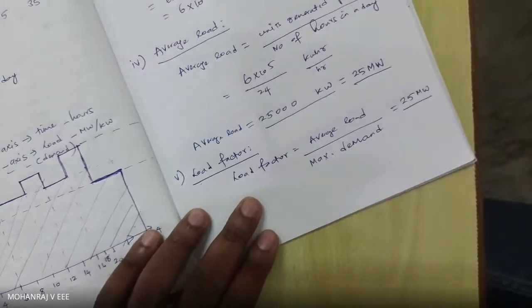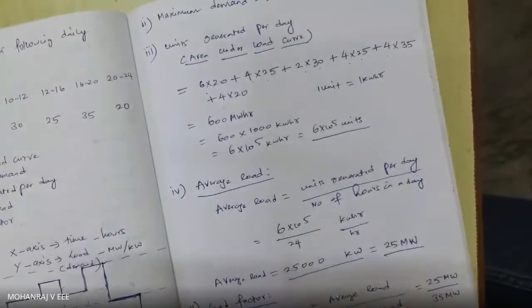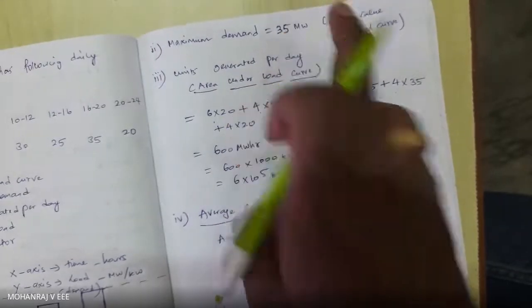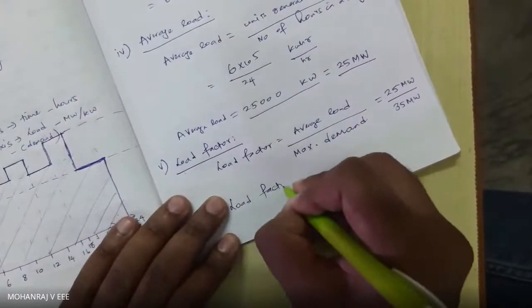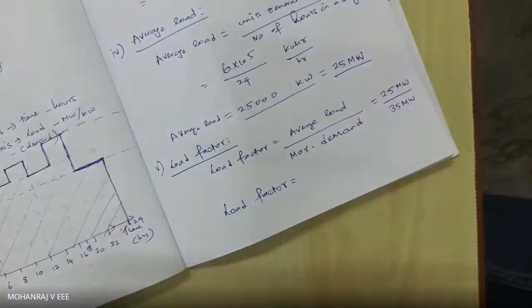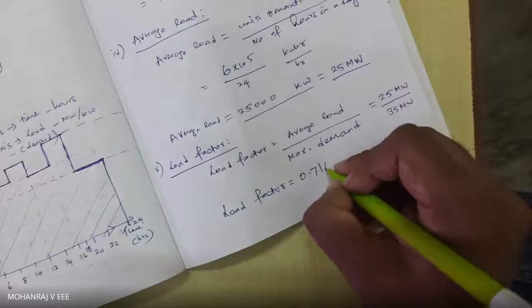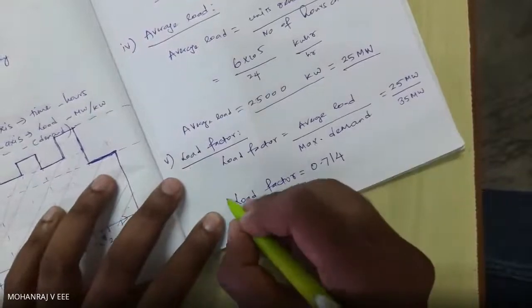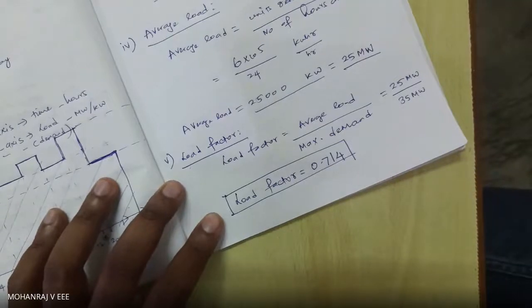What is my maximum demand? Maximum demand is 35 megawatt. So load factor is equal to 25 by 35, 25 divided by 35, which is equal to 0.714. That is my load factor. Right. So I have calculated my load factor as well.